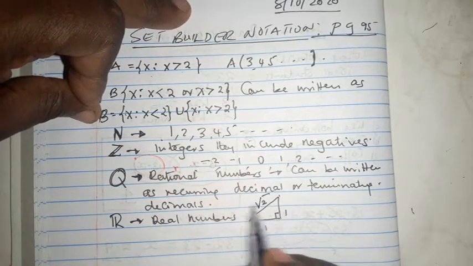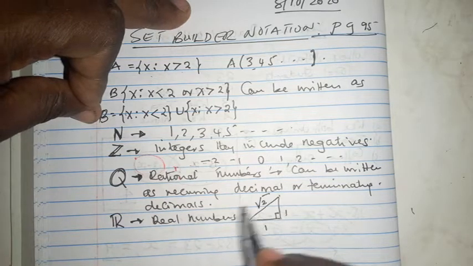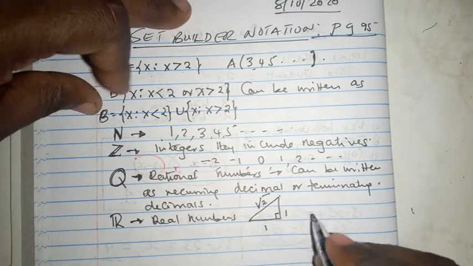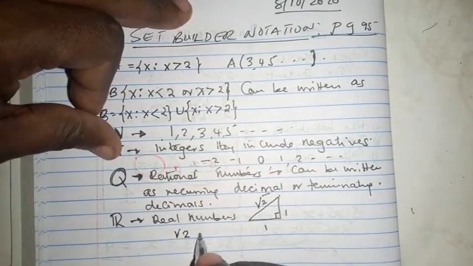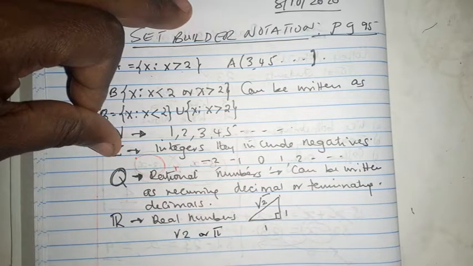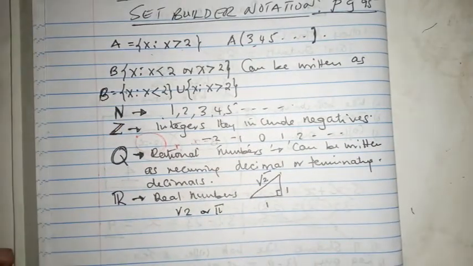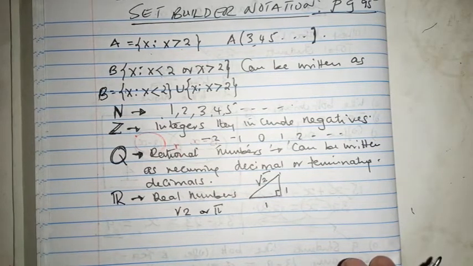So it is a real number. Root 2 is real, and even pi is real, because we use pi r squared to get the area of a circle.